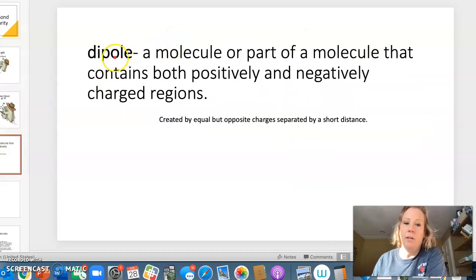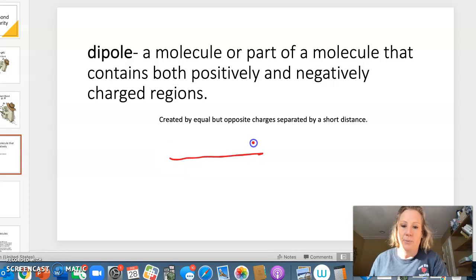So a dipole can happen within the whole molecule or in the bond of a molecule. It's where you have a positive end and a negative end or region. So a dipole we're going to show with an arrow and then a little tail.